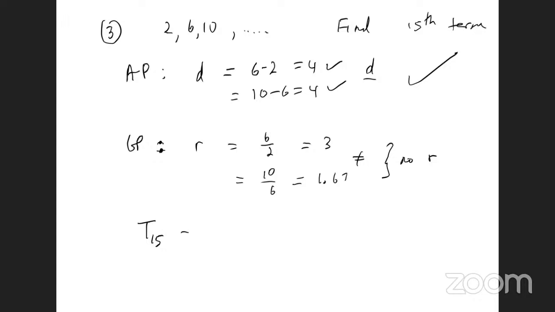All right, so that will be A, which is 2, plus 15 minus 1 by D, which is 4. Answer looks like 58. Good try, Hamlet. Check it back again. 58? Yeah?